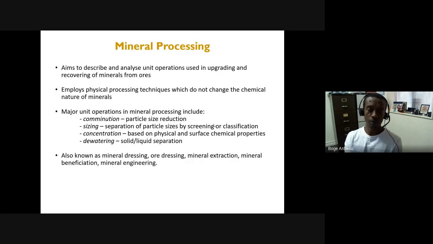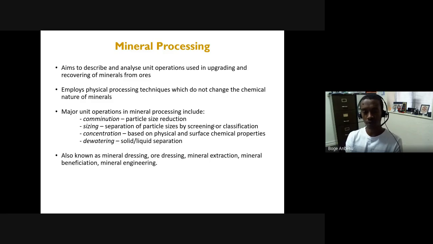We're not talking about smelting and pyrometallurgy in this particular course, but those are the stages that follow from mineral processing. In general, to achieve good success in mineral processing, you need to do sizing, you need to do comminution, and you need to do separation. Those are the main stages involved in mineral processing.